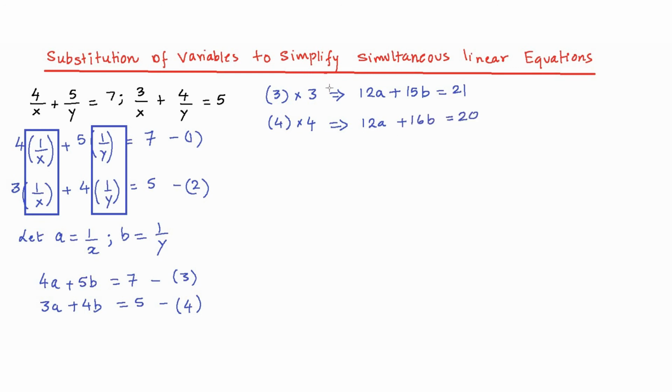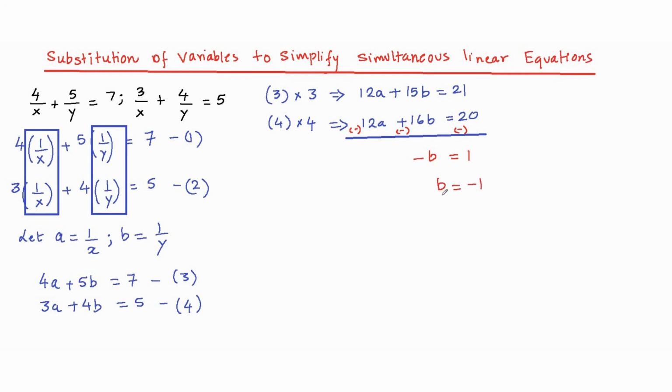And now I go ahead and I subtract these two equations. 15b minus 16b is minus b. 21 minus 20 is 1, which means b is equal to minus 1.